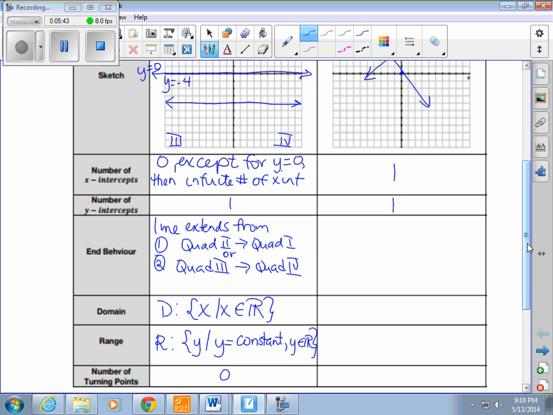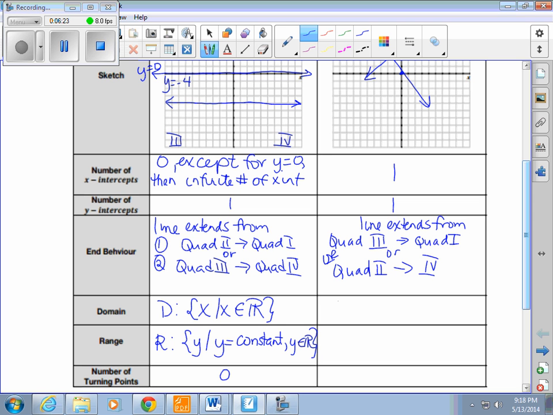The end behavior, the line is either going to extend from quadrant 3 and eventually hit quadrant 1, or it's going to go from quadrant 2 and eventually extend into quadrant 4.